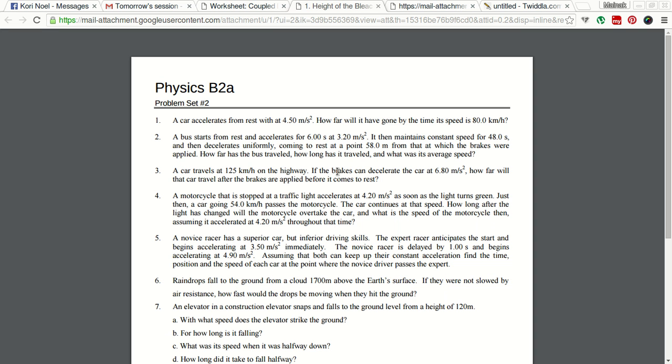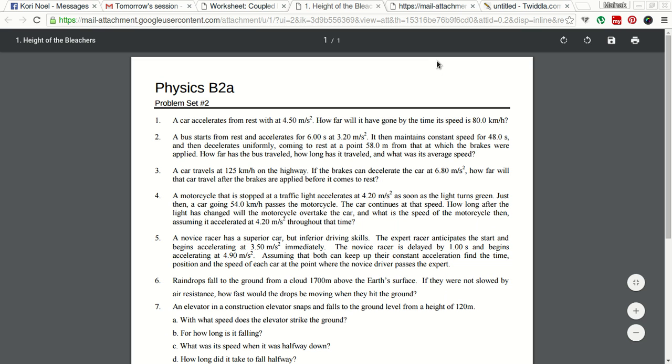Okay, so we know that the distance is 58 meters, and the acceleration is 3.2 meters per second squared. Is the total distance covered 58 meters?